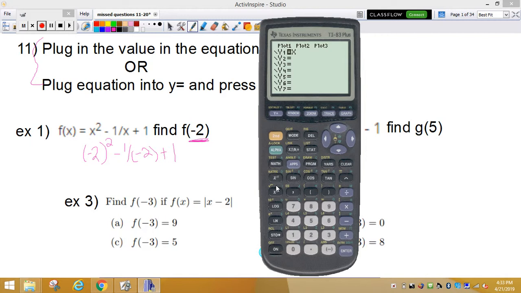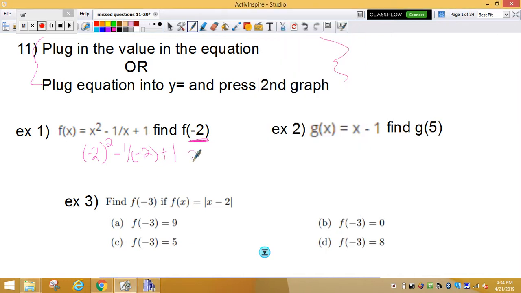We're going to type in x squared minus 1 divided by x plus 1. We want to go to our table because we want to see what's beside -2. I'm going to go up, up, up right here. And what's beside -2? 5.5, which is exactly what we got when we worked it out here. So the answer to example 1 right here is 5.5.